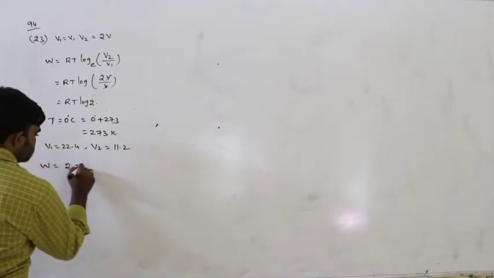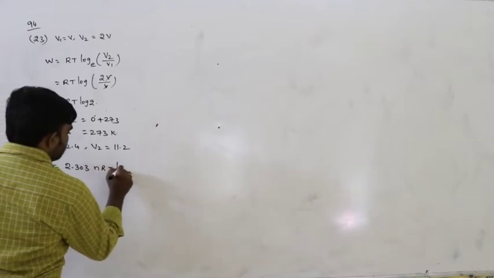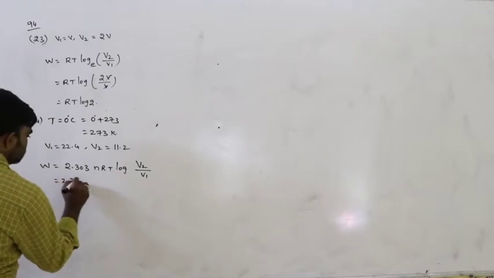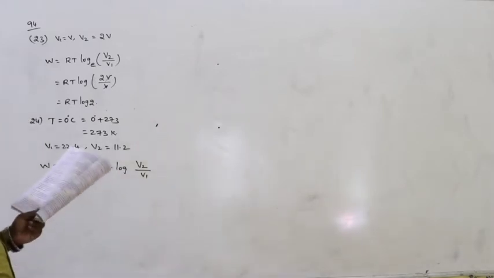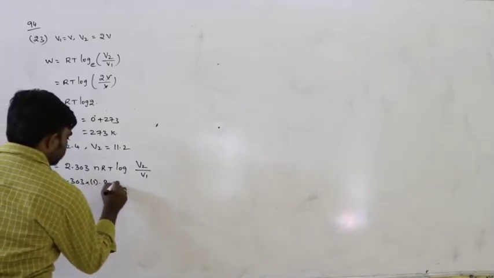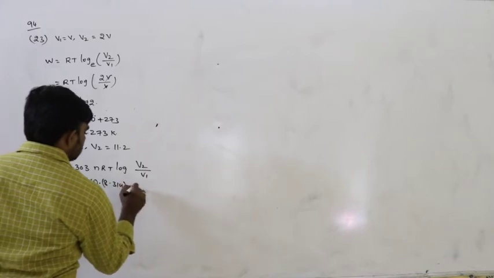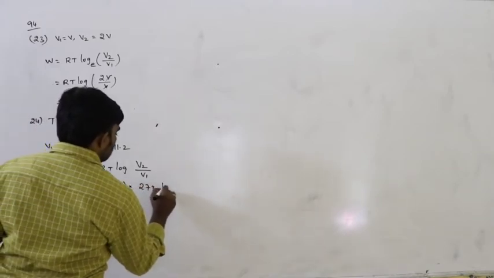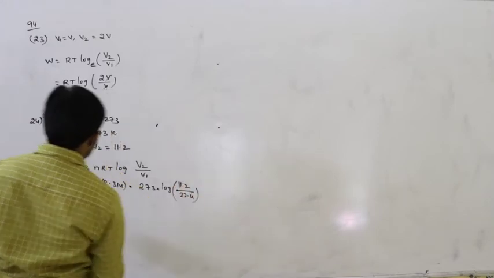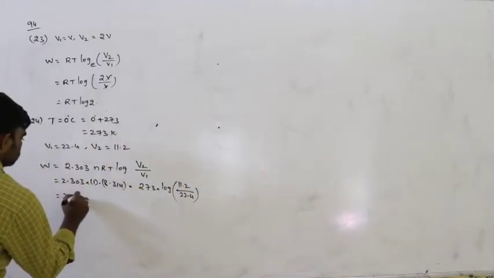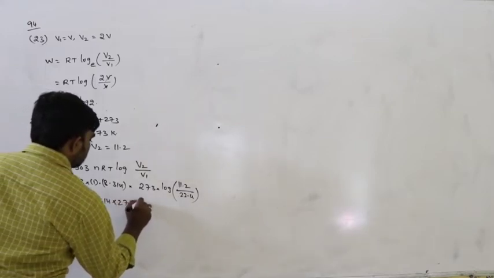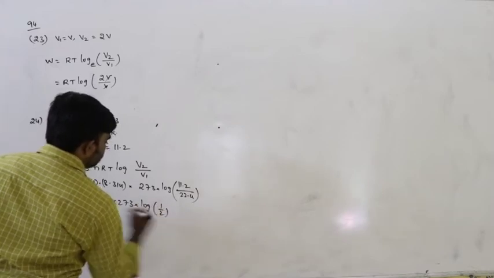2.303 nRT log V2 by V1. So 2.303, n is 1 for 1 mole of O2 gas, R is 8.314, temperature is 273, log 11.2 divided by 22.4. So that is 2.303 into 8.314 into 273 log 1 by 2.